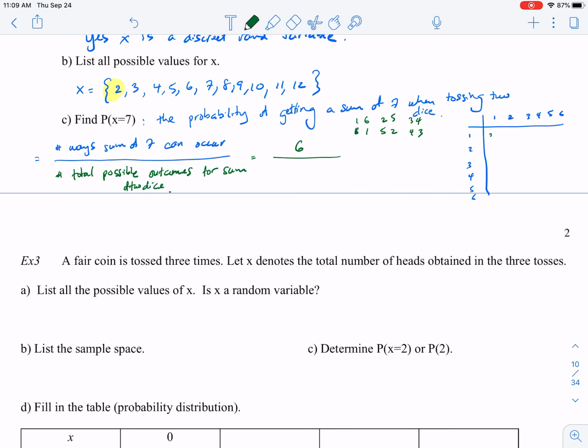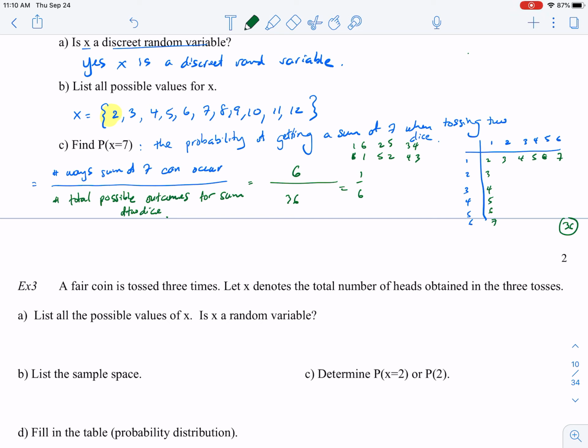Let's say you get 2, 3, 4, 5, 6, 7, and so forth. You fill in this table, and you should get 36 total. So in this case, the probability of getting a sum of 7 when we toss 2 dice is 1/6. So that's about 36%. Oh, actually, not 36, but 16%. So roughly 16.67%.